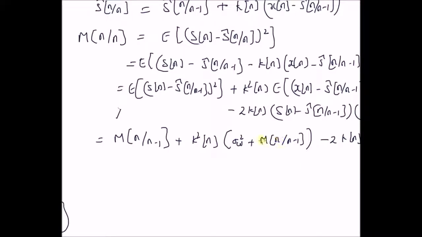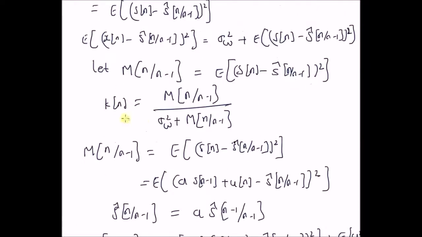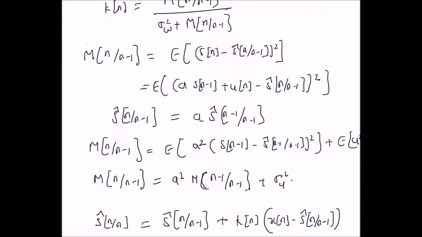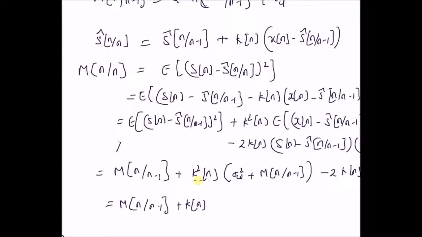Now, by using the definition of the Kalman gain, that is, sending this denominator onto the left side, we have k of n multiplied by the sum sigma square W, that is the noise variance, plus the prediction error, is equal to the prediction error itself. So we replace the product k of n multiplied by this sum as M of n given n minus 1, that is the prediction error.